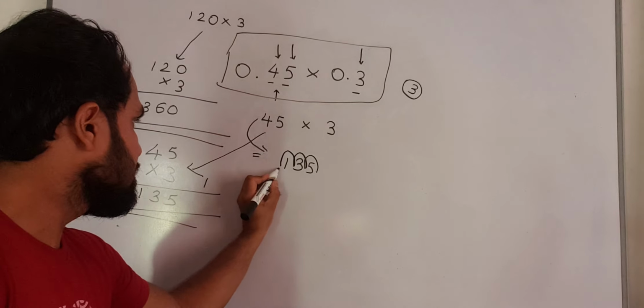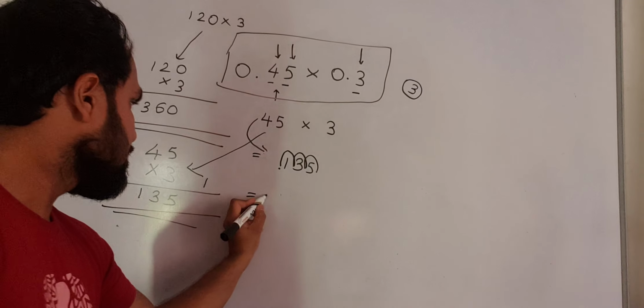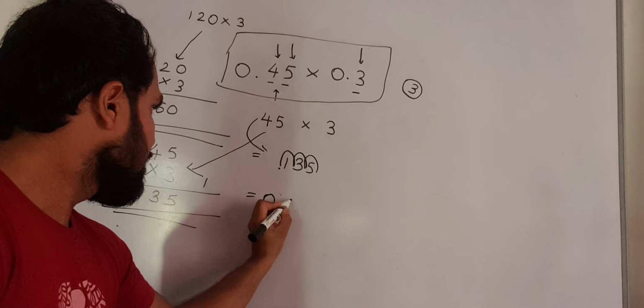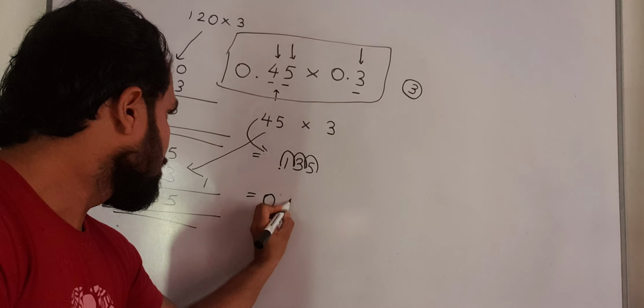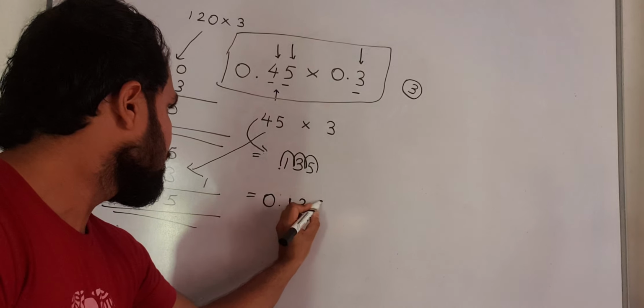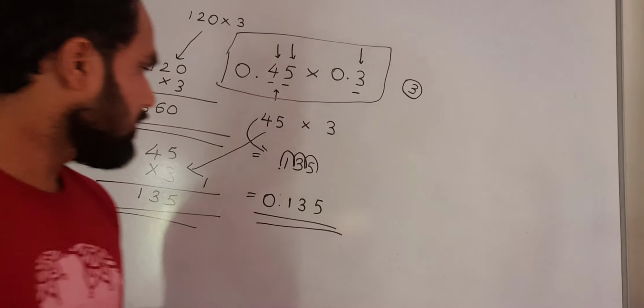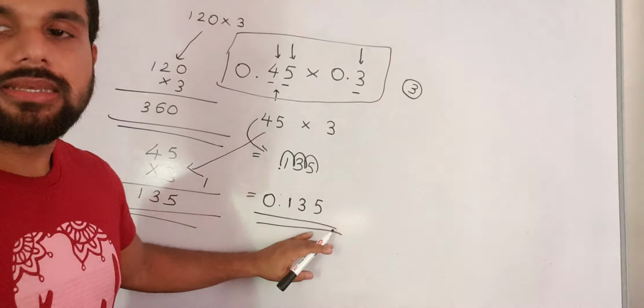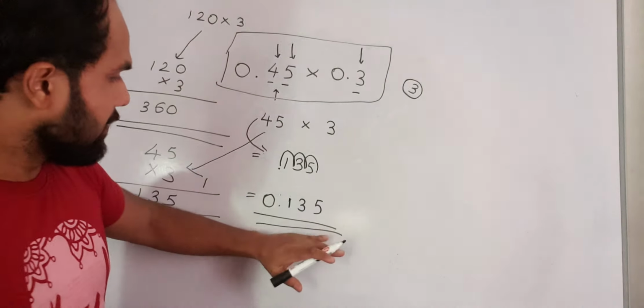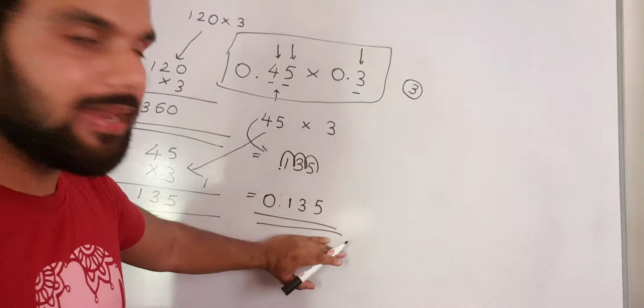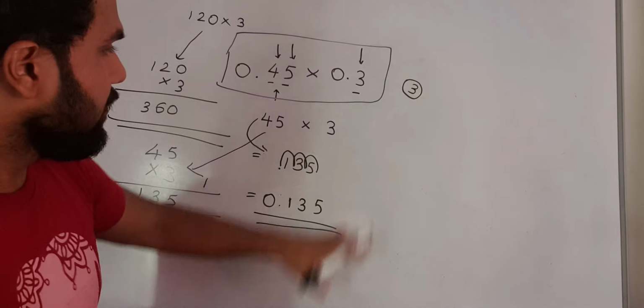Then the decimal is here. Then the answer will be 1, 3, 5. That's the answer. You see, the answer is here. You can get the answer easily.